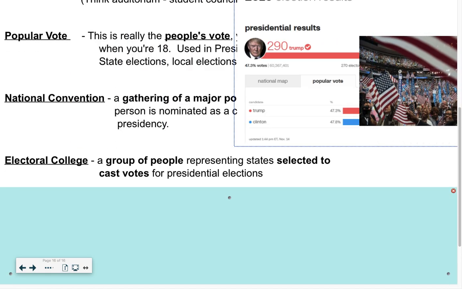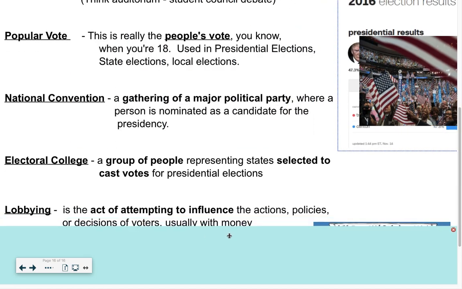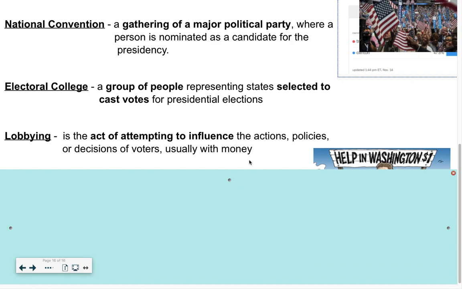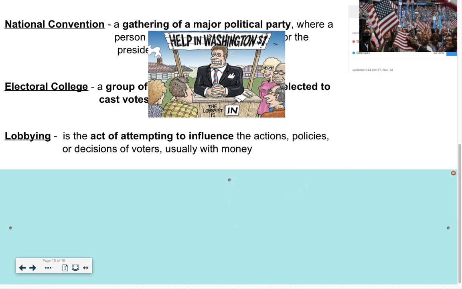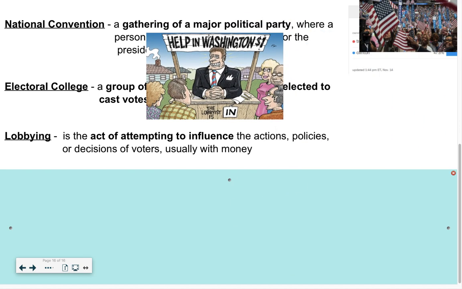All right, moving on. Lobbying. Lobbying is this picture. It is acting in a way to attempt to influence the actions, policies, or decisions of voters. Usually it's done with money. It doesn't have to be, though. In Shattuck Middle School in our election, we could not use money to influence the vote.